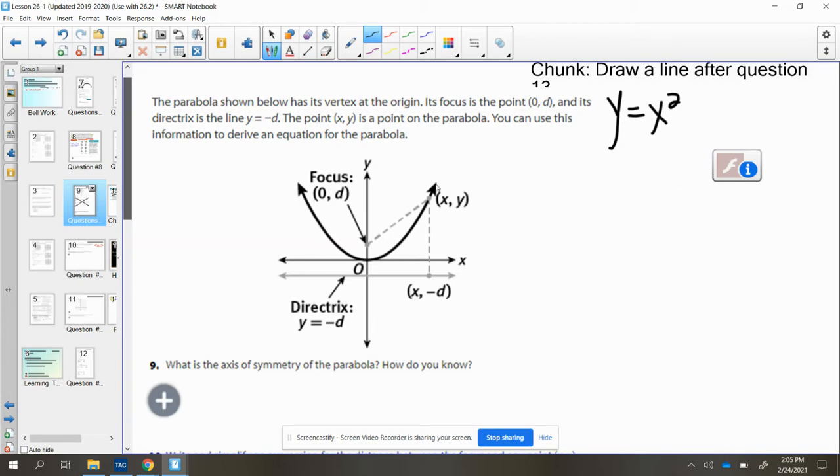There's the parabola itself, and then it always will open towards the focus and then away from this directrix line here that we have going on. And there's this distance away from the vertex that's the same value for both the focus and the directrix. There's this value in between here, and it'll be that same distance away, okay?